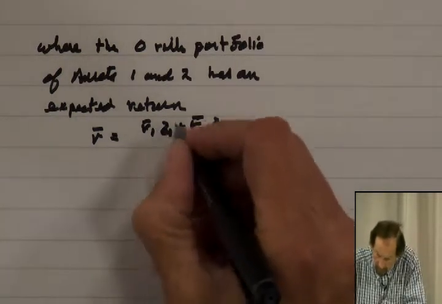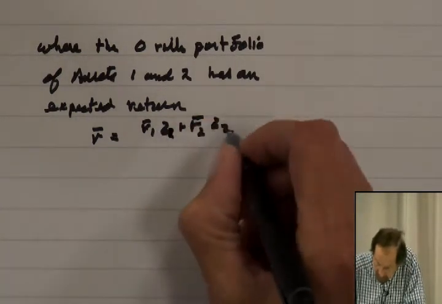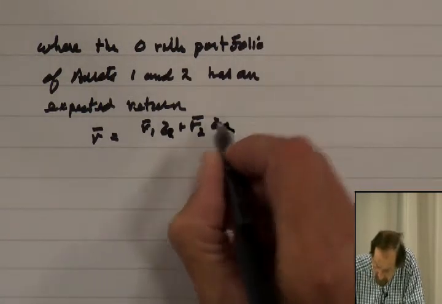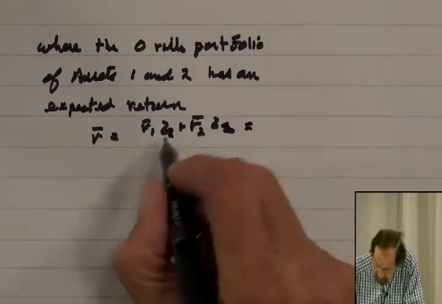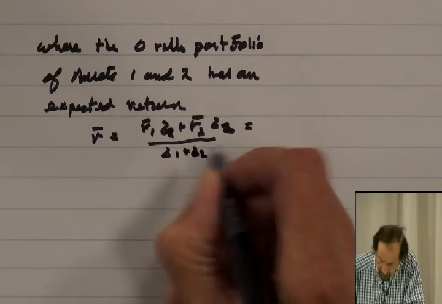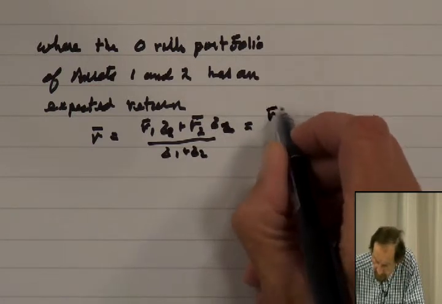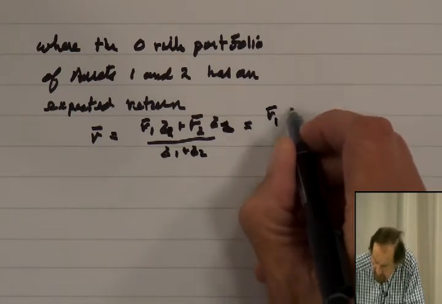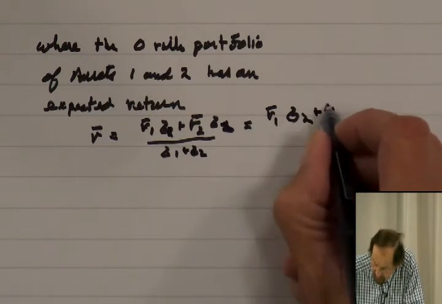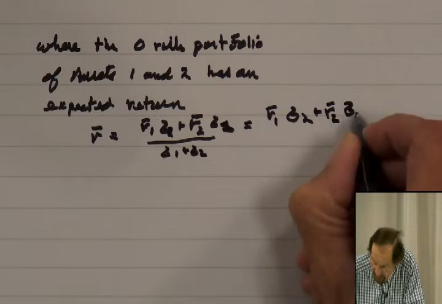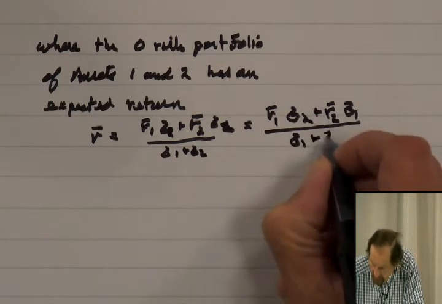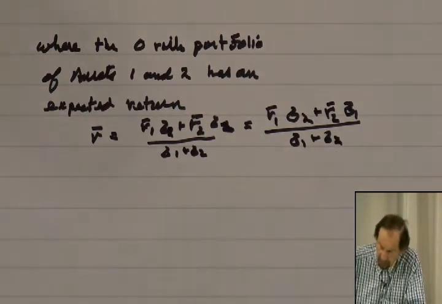This should be R bar 1 sigma 2 plus R bar 2 sigma 1, all over sigma 1 plus sigma 2.